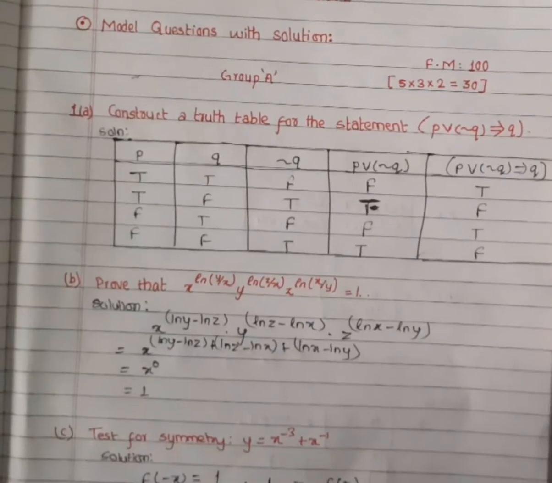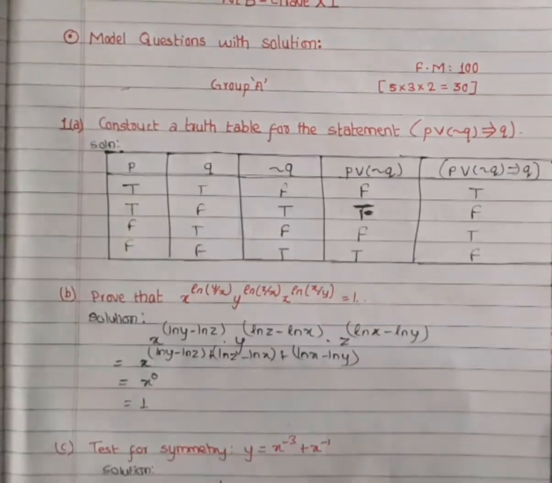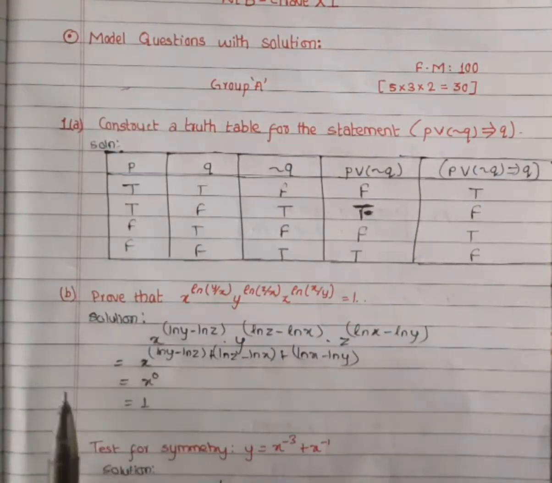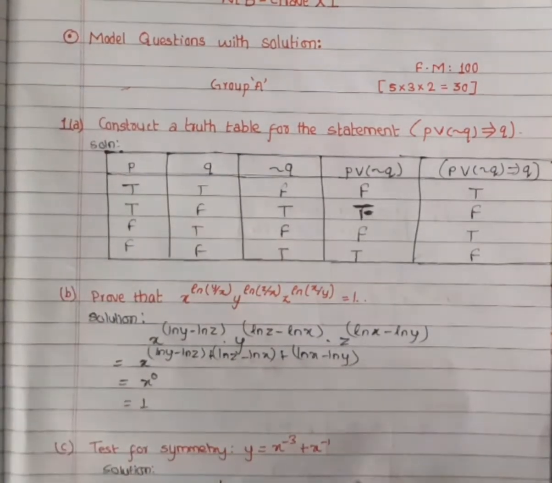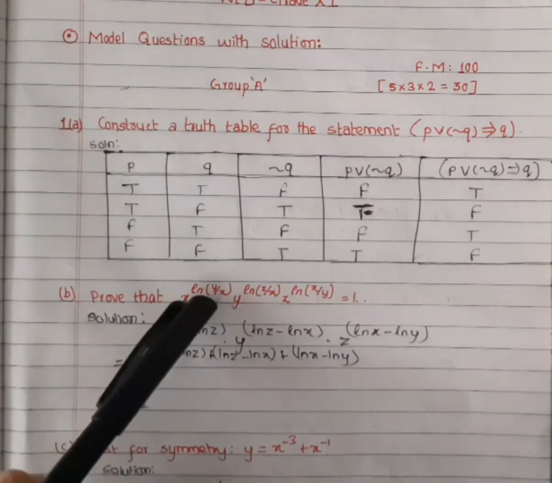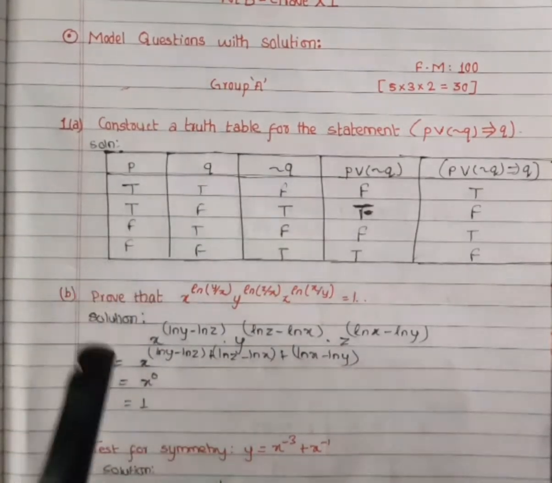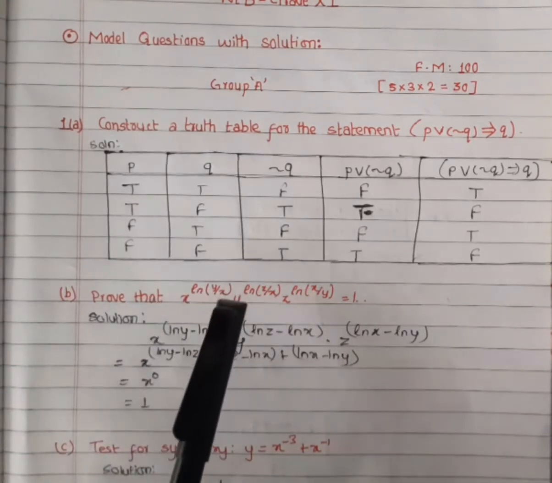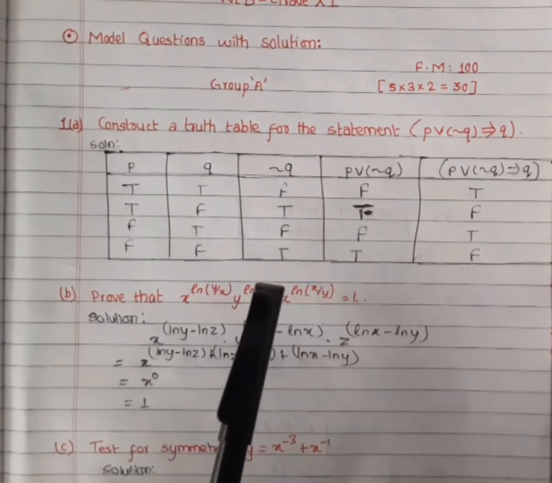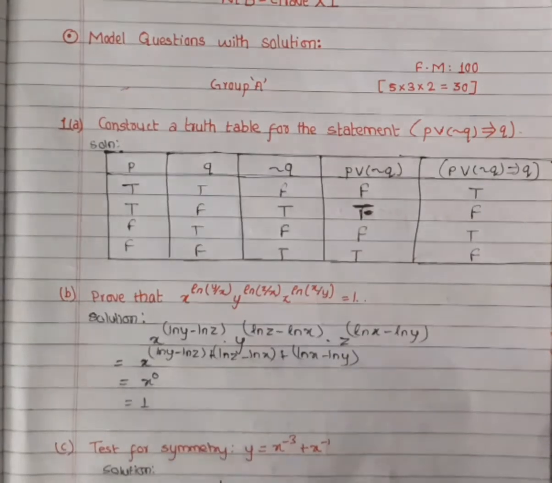Then another question, in question number B we get the question from relation, function and graph, and question number 1 is from set, logic, and number system. Then question number 2 is relation, function and graph: x to the power ln y by x, y to the power ln z by x, z to the power ln x by y is equal to 1.